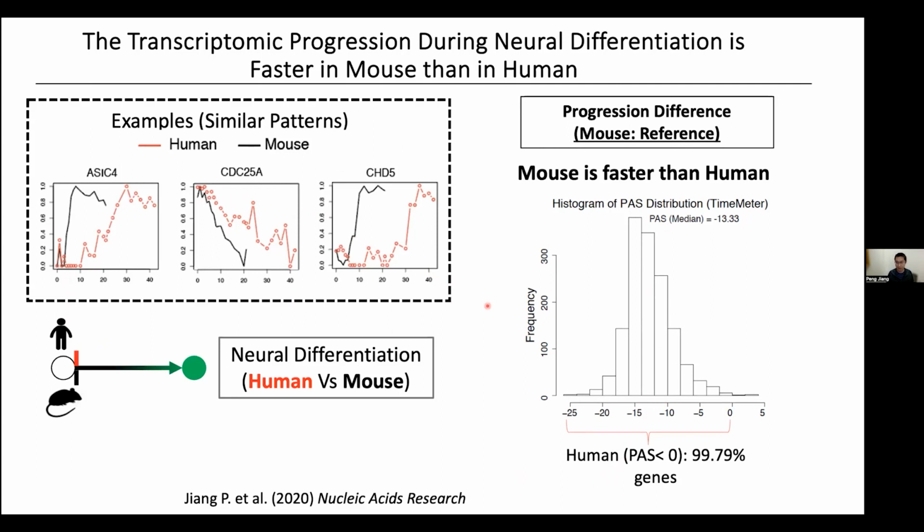However, the question is how many genes can drive the change. The answer is 10%. Ten percent of protein coding genes can drive the systematic differences between human and mouse during cell differentiation. Of course there are a lot of differences, but 10% of the genes show a very similar, conserved pattern. But for 99% of the similar patterns, the mouse is way faster than human.